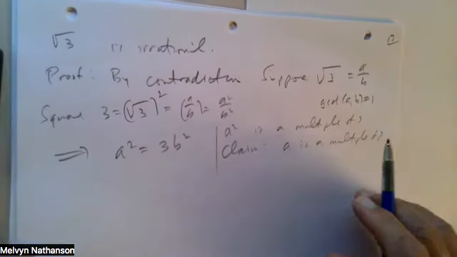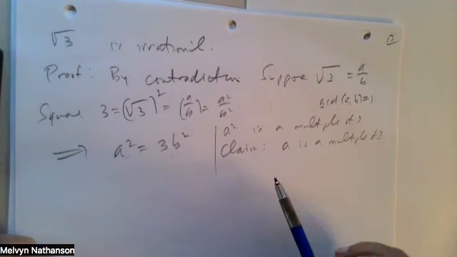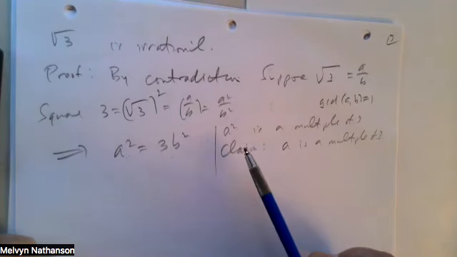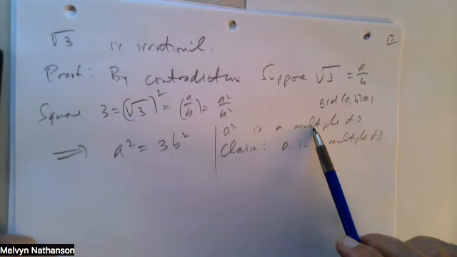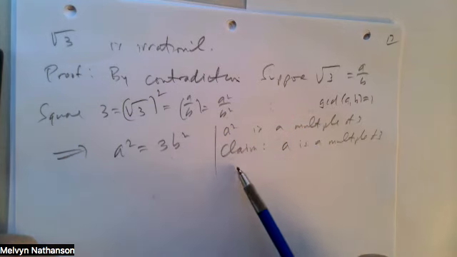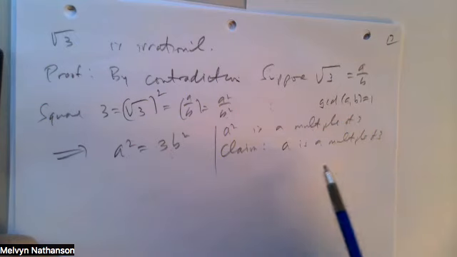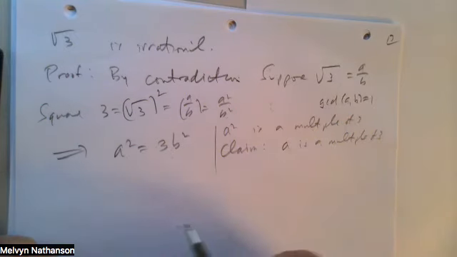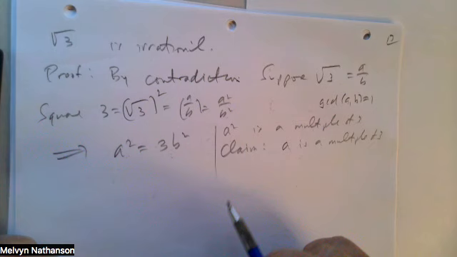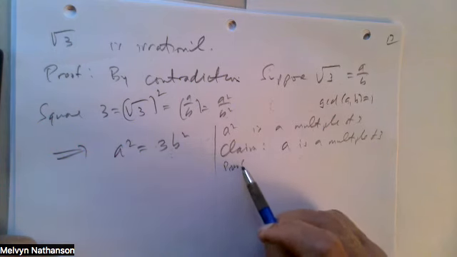This is similar to what I proved a few minutes ago about 2. If a squared is even, then I proved that a is even. Here, I claim that if a squared is divisible by 3, then a is a multiple of 3. A is divisible by 3. So how can we prove that?